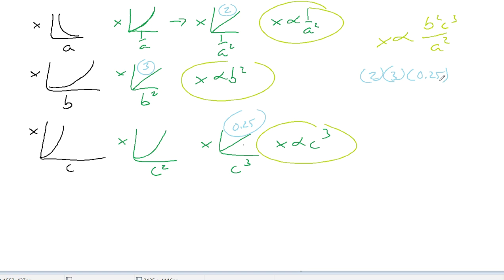And if you multiply those 3 values together, you will get 1.5, right? 2 times 3 is 6. A quarter of that is 1.5. That would then go here. And it would be x is equal to 1.5 b squared c cubed over a squared. And that would be the formula for x using b, c, and a.